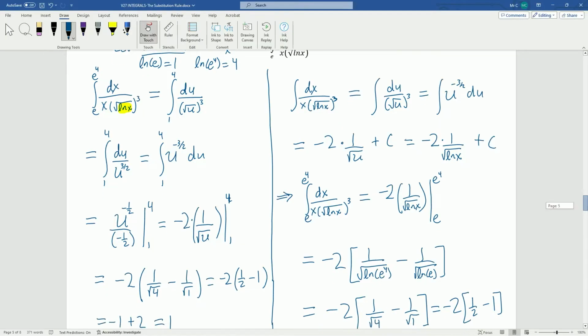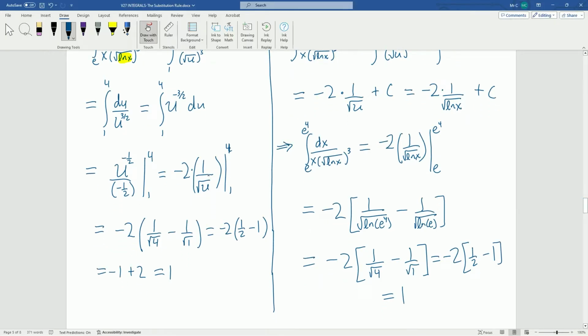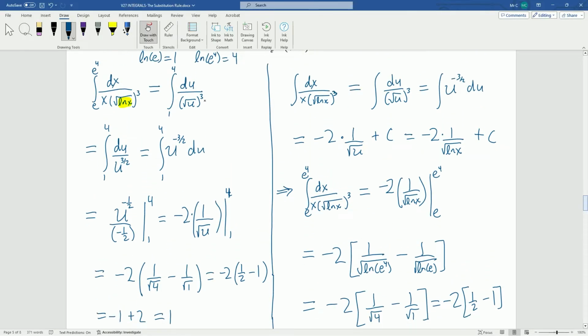And what doing it the approach on the left allowed was we didn't have to switch back to the variable x. We could immediately evaluate this thing. Either method is fine. The method on the left is usually a little bit faster, but there are cases where it's not, and cases where I will prefer the approach on the right.